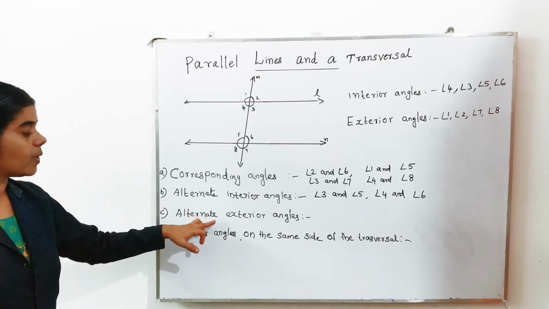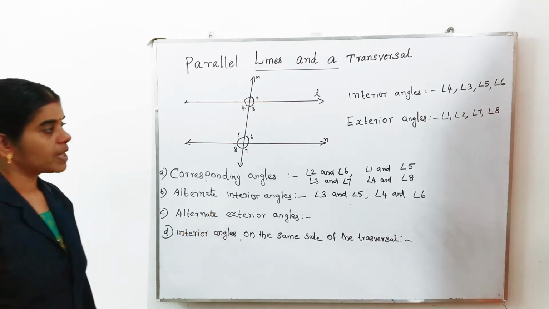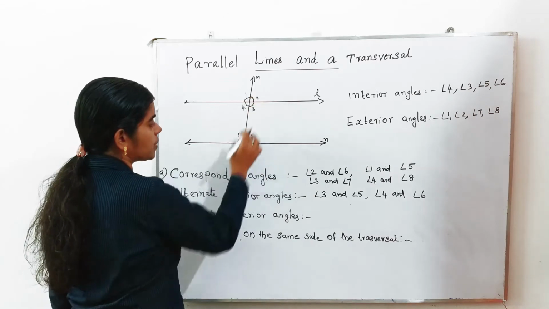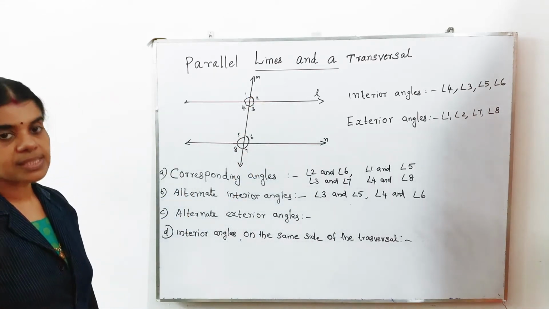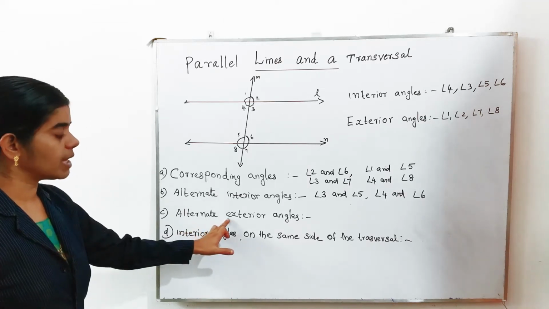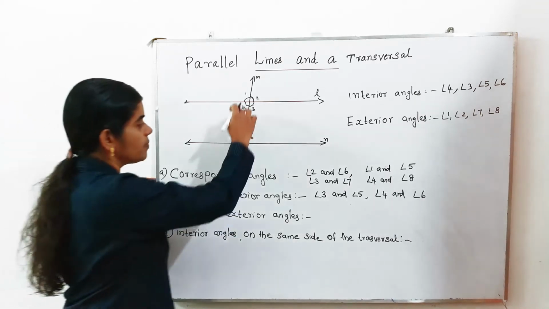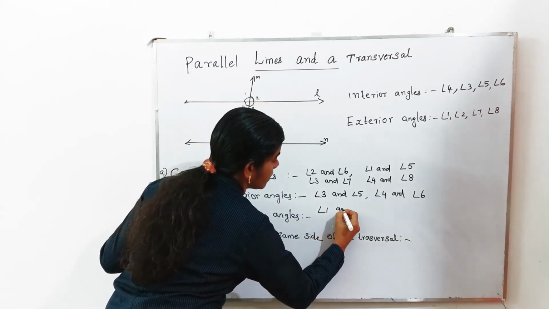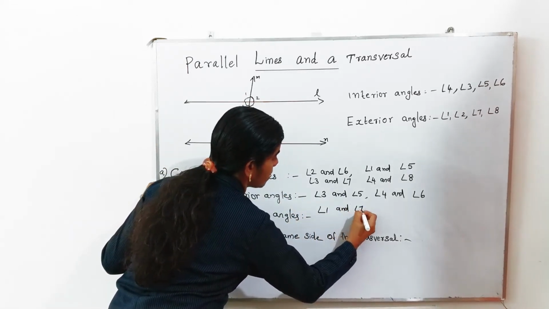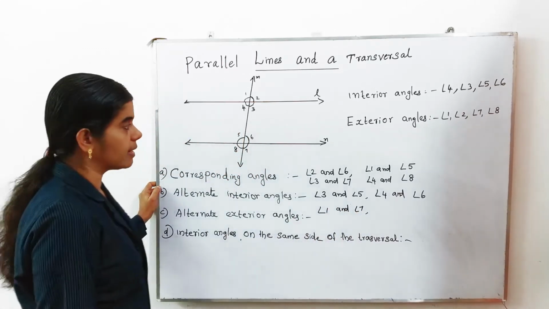Next one will be the alternate exterior angles. Exterior angles, we already studied, are 1, 2, 7, 8. Here we are studying alternate exterior angles, meaning angle 1 and angle 7. Angle 1 and angle 7 are alternate exterior angles.